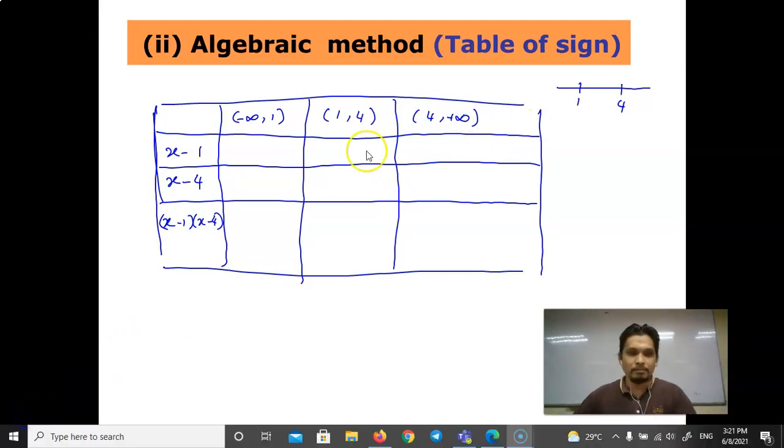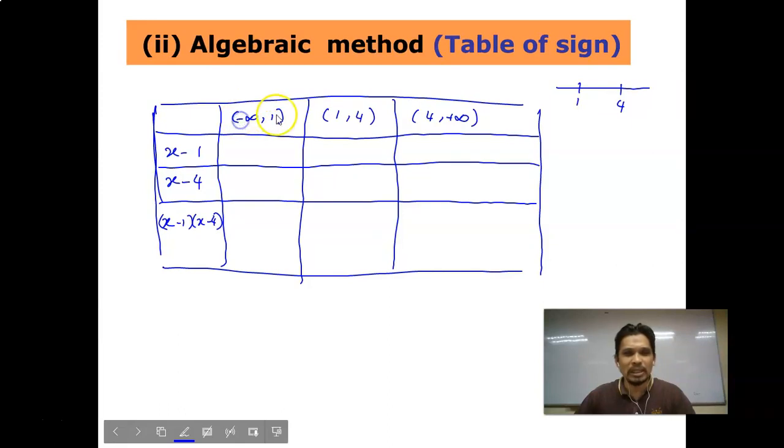Okay, so then just imagine any numbers that lie in between negative infinity until 1. As we discussed just now, I choose 0 because 0 lies in this range. Negative 1, negative 2, negative 3, and so on. Then here I choose 2, and for 4 up to positive infinity, I choose 5.